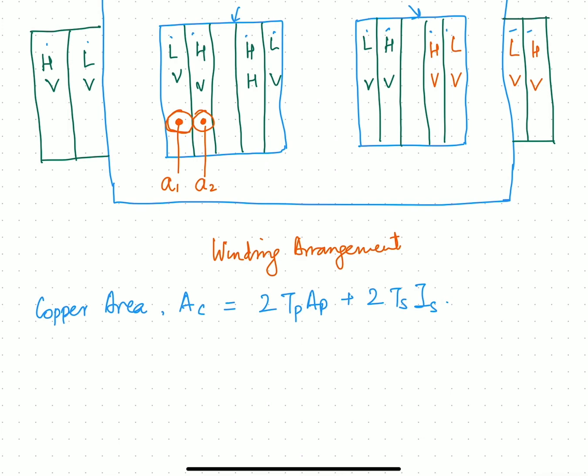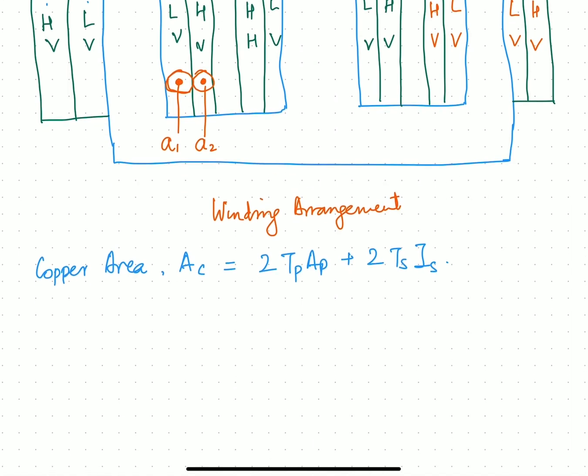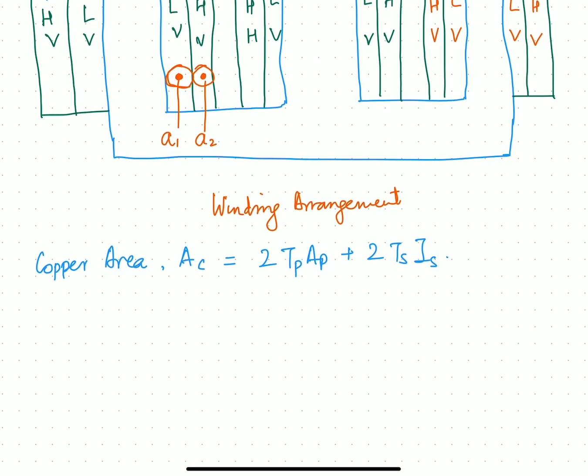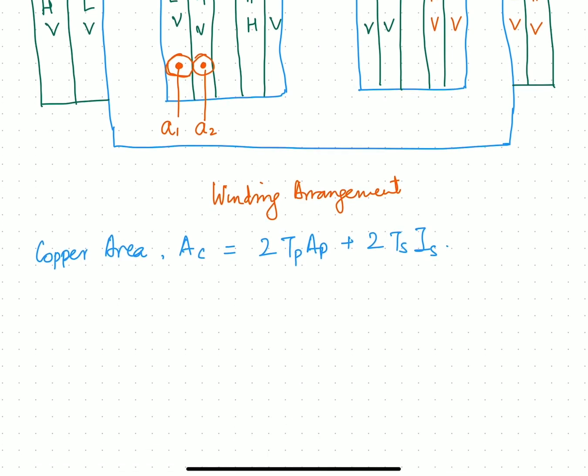Here we have two windows, so each window has double the number of windings. So this copper area refers to the copper area of each window. You have to make a note of it, that this copper area refers to the copper area of each window.